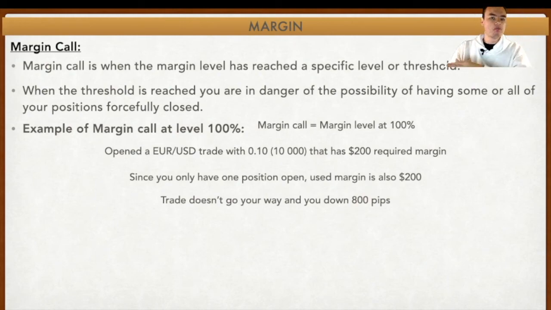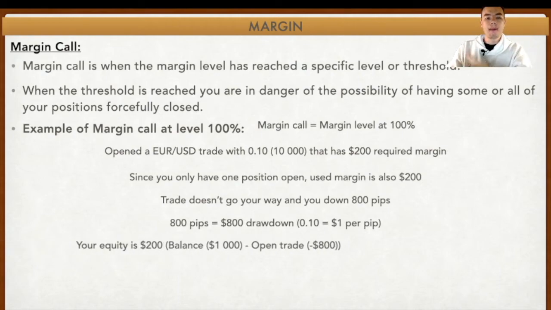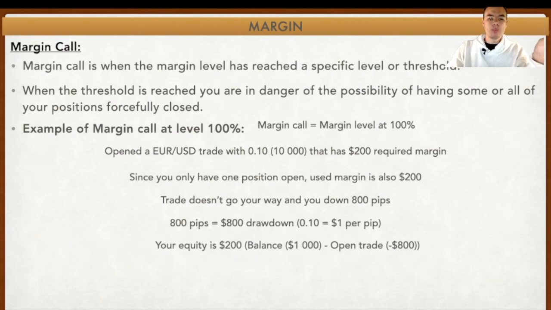The trade doesn't go your way, and you're down 800 pips. That's a lot of pips, but anyways. 800 pips equals an $800 drawdown, because 0.10 equals $1 per pip. Your equity is now $200, because remember, your equity is your balance plus or minus whatever open trade you had. So 1,000 minus your 800 loss equals $200.